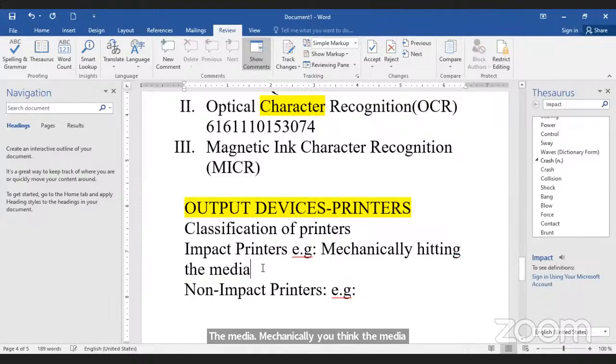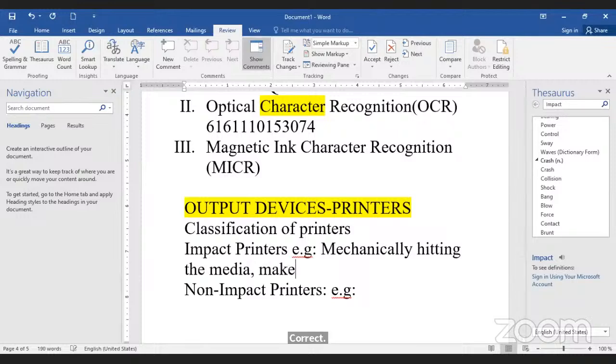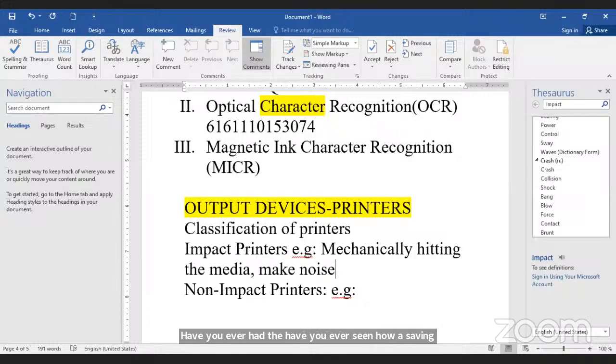Characteristics of impact printers: they make a lot of noise, right? So I don't know if you've come across typewriters. Ukienda kwa typewriters, unaona kama kicharani, like a sewing machine. Have you ever seen how a sewing machine works? That's how impact printers work.